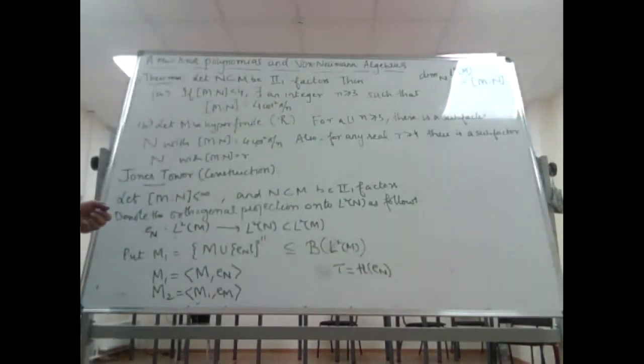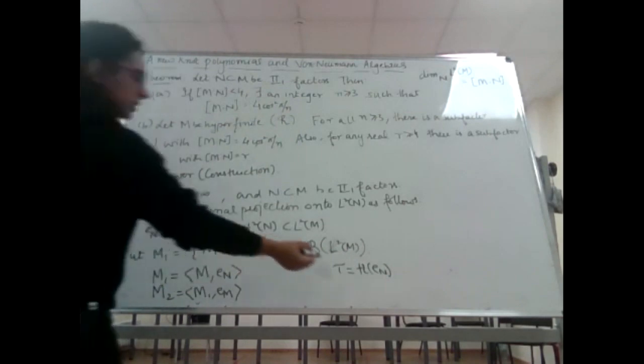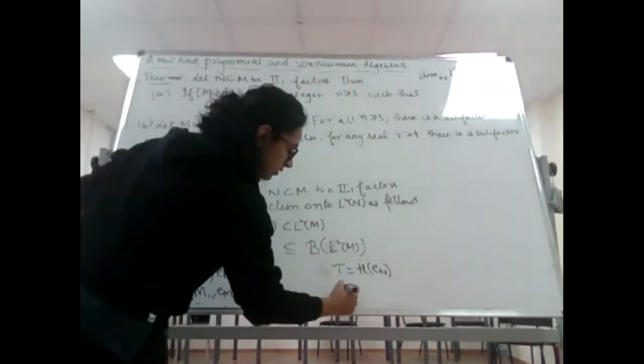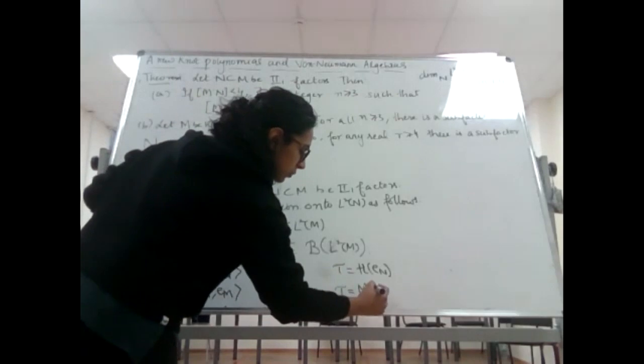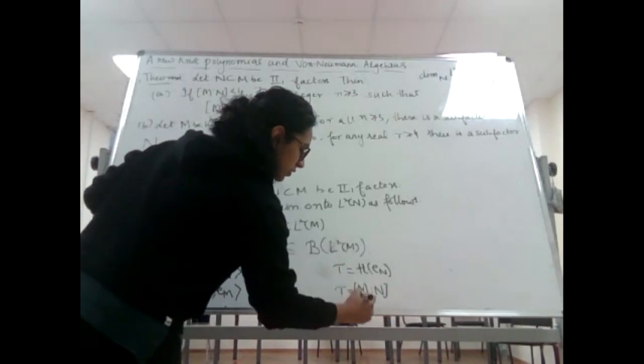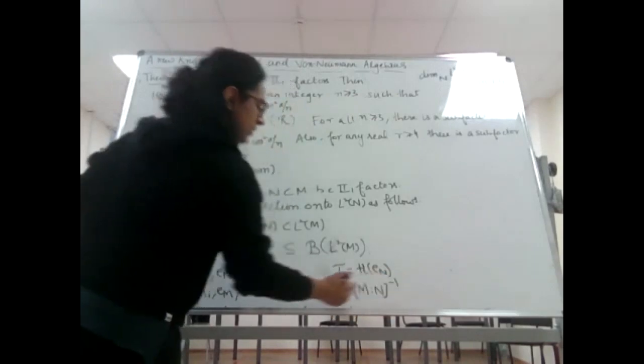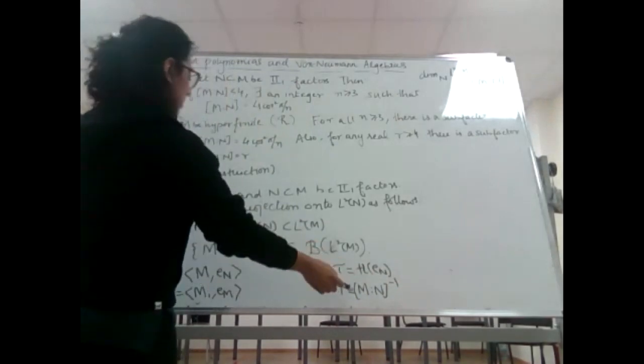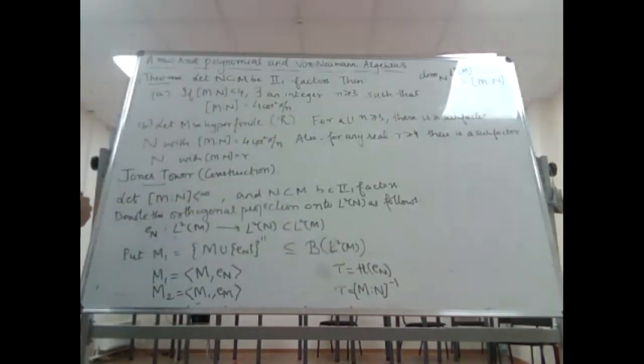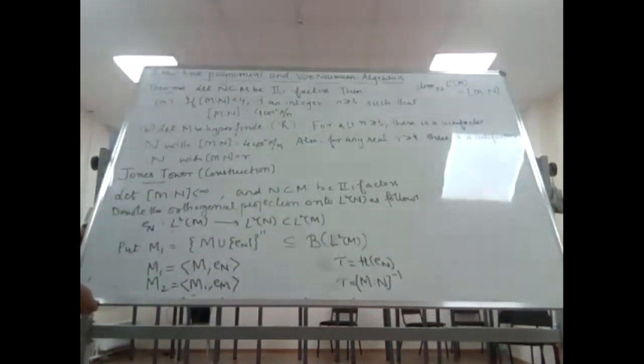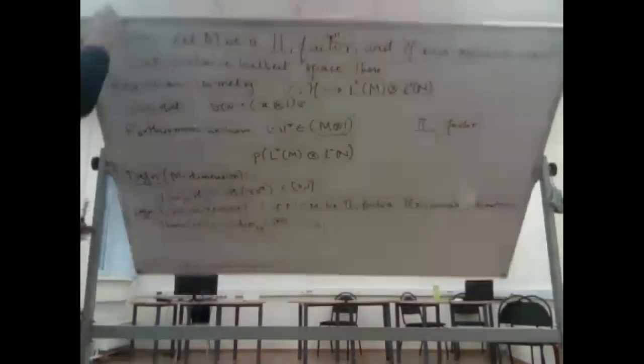And it also holds that this value is nothing but the inverse of this index. We started off with a finite index, and then this value is nothing but the inverse of that index. And using this construction, we can just repeat this construction and have a tower.